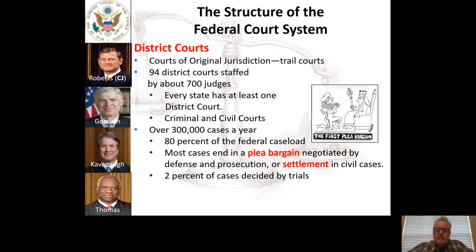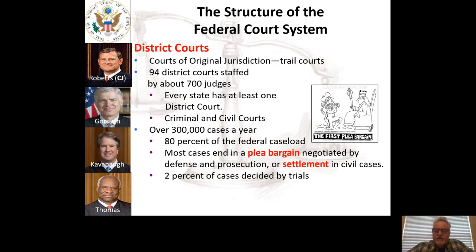Usually the prosecution is offering a lower sentence or a reduced charge to the individual, the defendant, and the defendant is getting in return less time in jail and the ability to go home sooner and live his life of freedom.